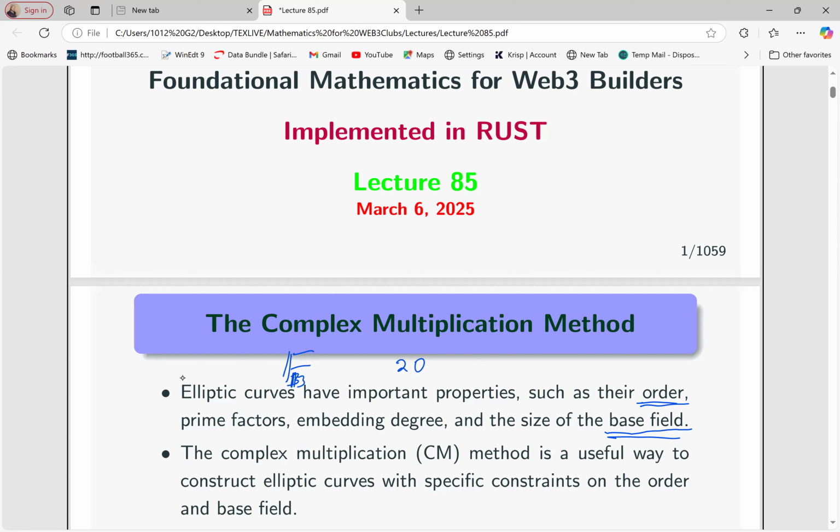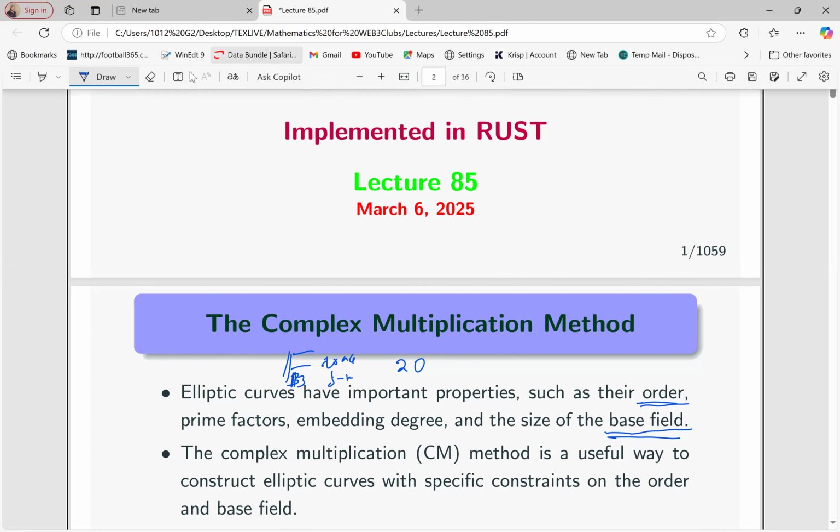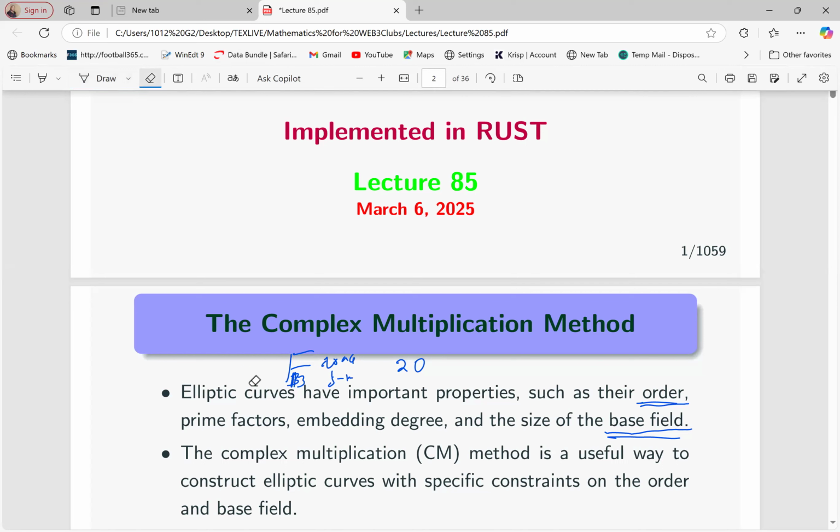That means you'll find the trace for this, and then find the J invariant, the way we did. After you have the trace and the J invariant, how do you proceed to come up with the equation of the elliptic curve? That's what we'll be looking at today.